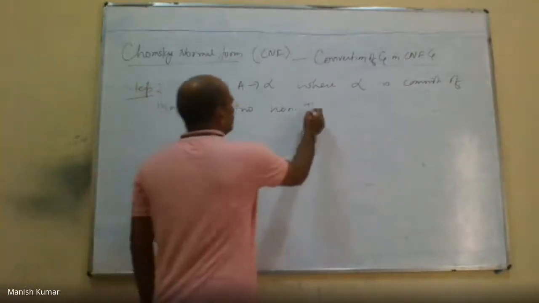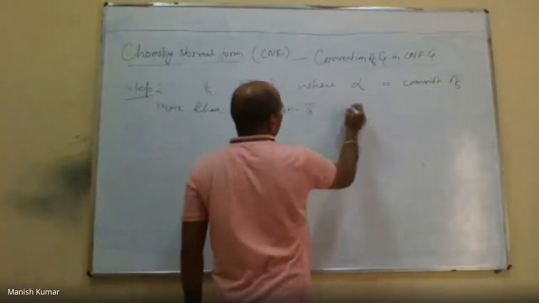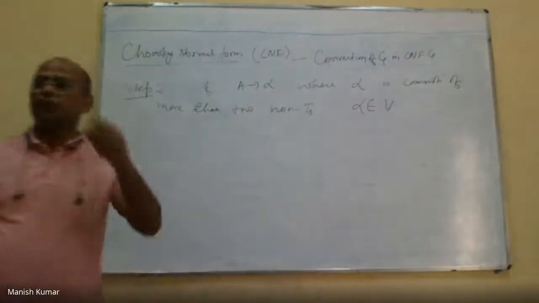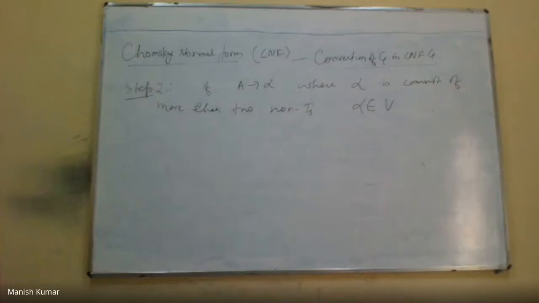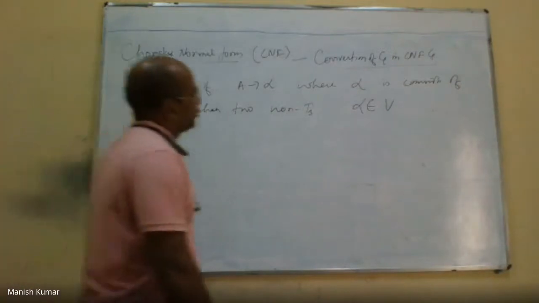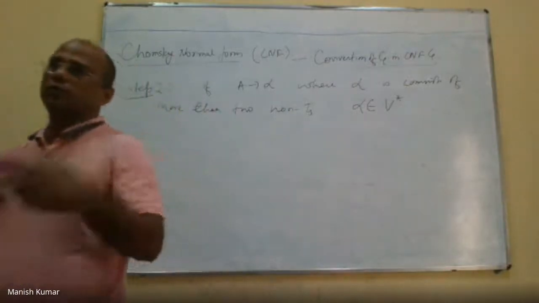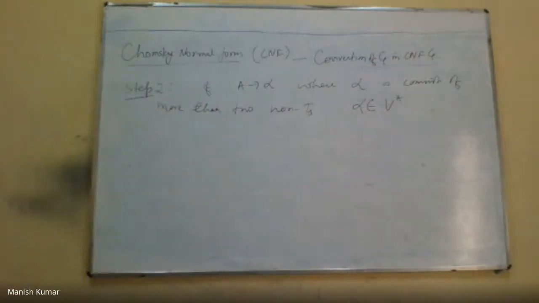That means in this case alpha actually belongs to V only, or in case not V only but V star, because it's a combination of this. So that is what we are looking for.